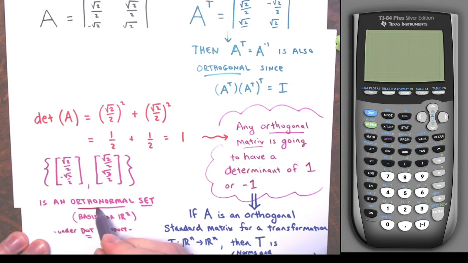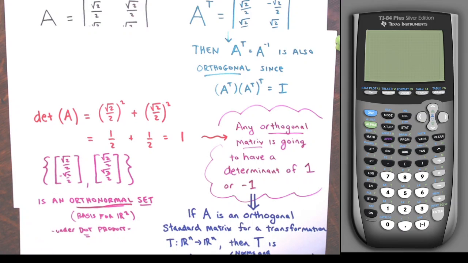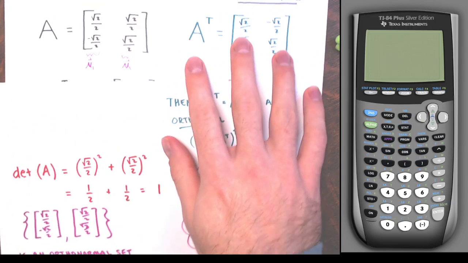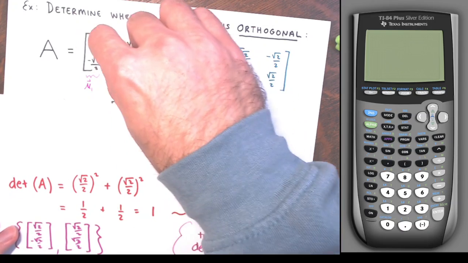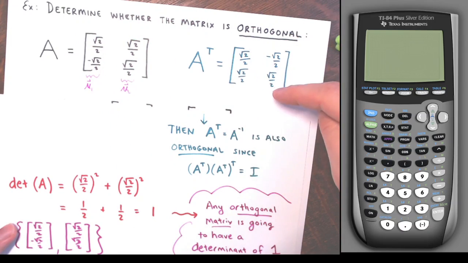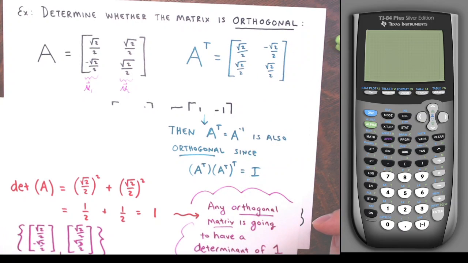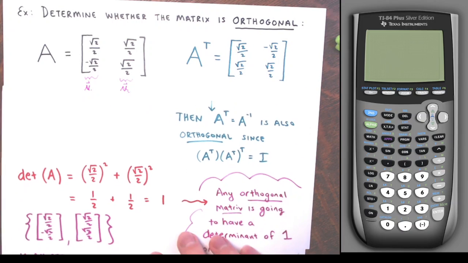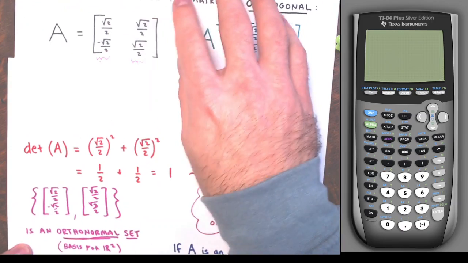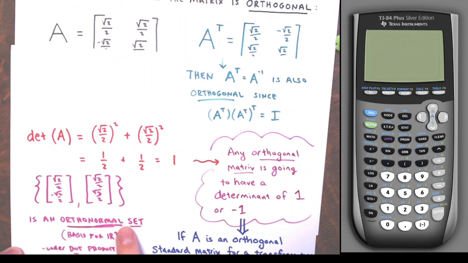So an orthonormal set. And that is going to happen with the columns and the rows. Because remember, the rows of a matrix are just the columns of the transpose, and the transpose is also orthogonal. So the columns of an orthogonal matrix will form an orthonormal set.